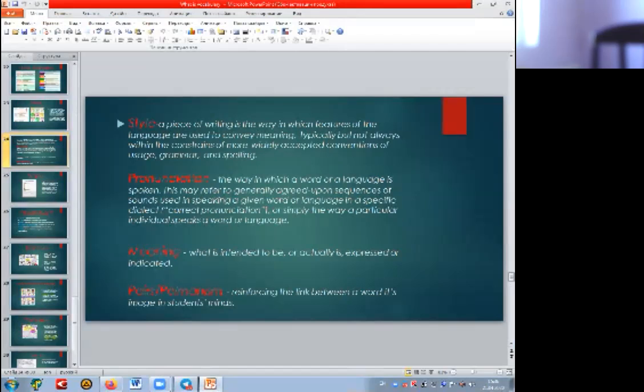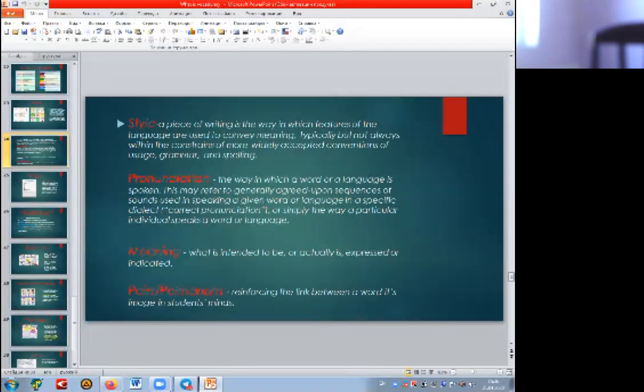Without vocabulary, we can't do anything, because you may know the grammar, but if you don't know at least 200 words of any language you want to speak, you can't communicate without difficulties in your speech. And also, there are some notions that we should know in order to understand this lesson.